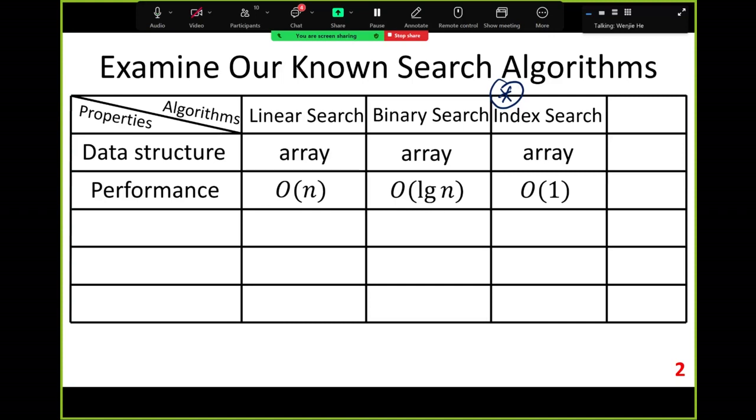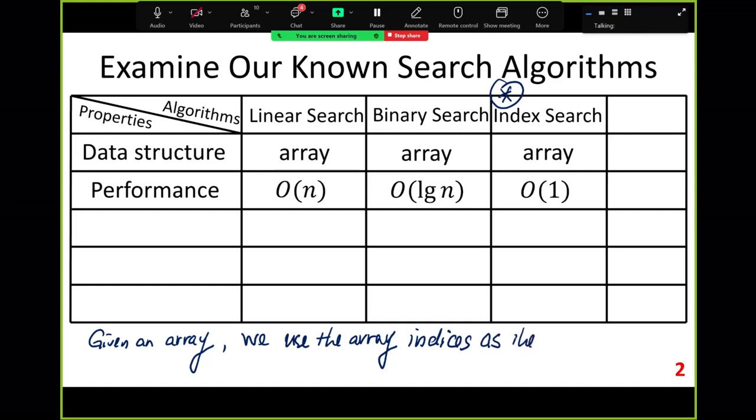That's very simple. Given an array index, we use the array indices as the search keys.